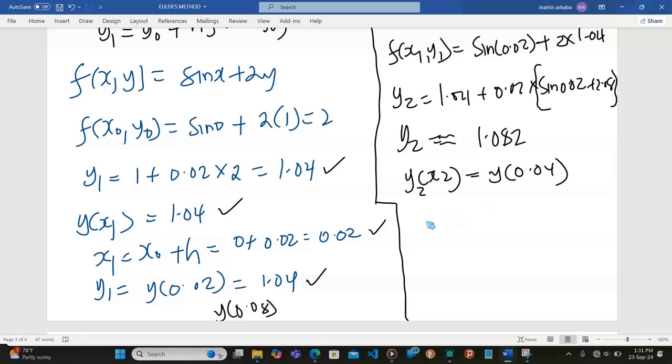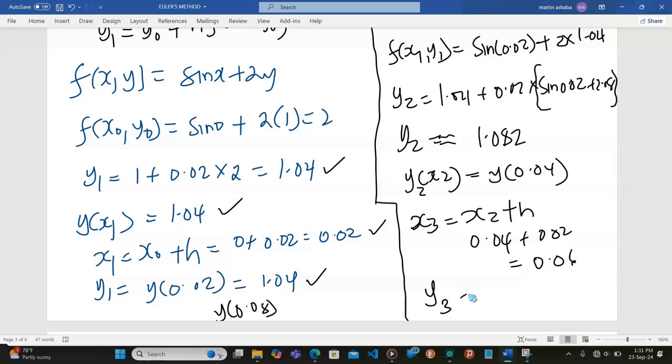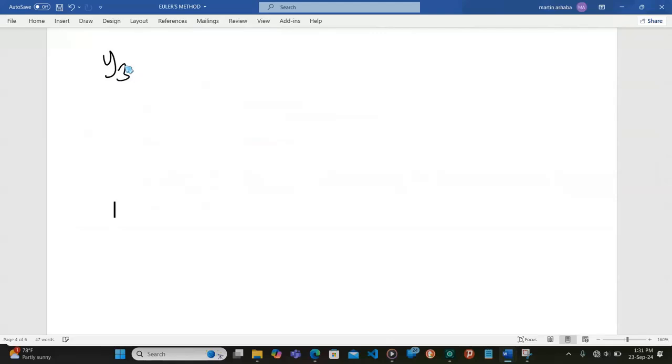Yes, so let's move. We go to x3. x3 is x2 plus h, so this is going to be 0.04 plus 0.02, giving us 0.06. So meaning we are going to be looking for y3, which is the same as y of 0.06. So y3 will be y2 plus h times f of x2, y2.